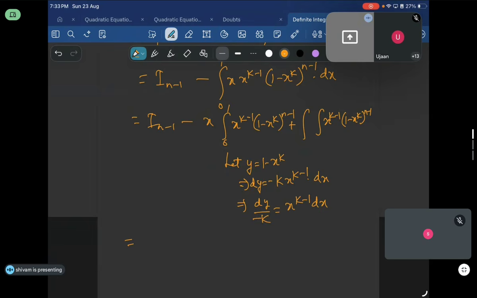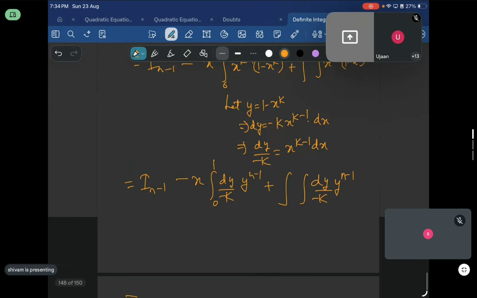This will become In minus 1 minus x into integral from 0 to 1 dy by minus k into y to the power n minus 1, plus integral of the same thing, x power k minus 1 into dx, which becomes dy by minus k into y to the power n minus 1.